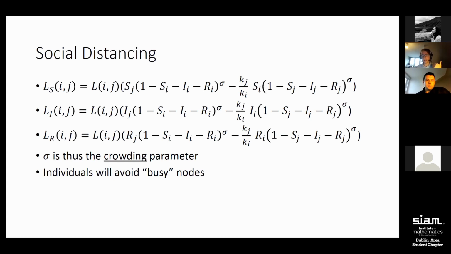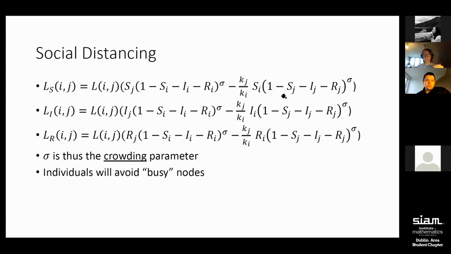So if sigma is really high, then we're going to be really, really careful about going to nodes where there's already a lot of people in. And if sigma is low, or even if it's less than 1, then we're going to start jumping towards nodes where there already are a lot of people. And then the Laplacian has to be balanced. Diffusion is a two-way system, so we've got the reverse here on the right.